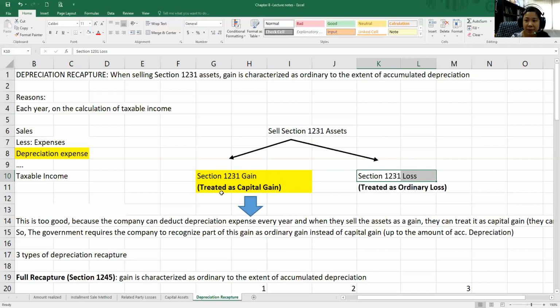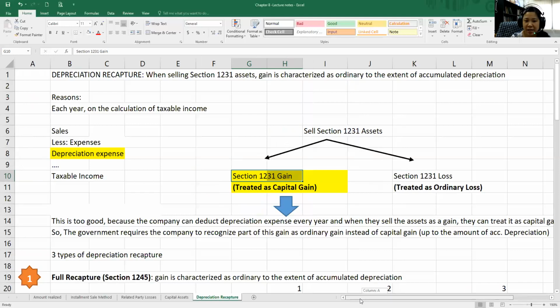The good thing about that is that if we have Section 1231 gain, or we say we have capital gain, it can help to absorb the capital loss. Now, the government says that this is too good for you because you can deduct depreciation expense every year when you calculate the taxable income, and it helps you to pay less tax every year.